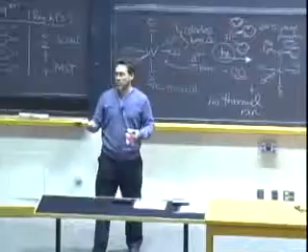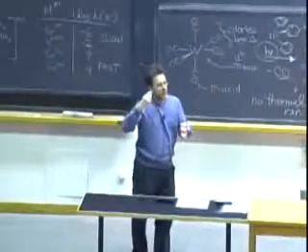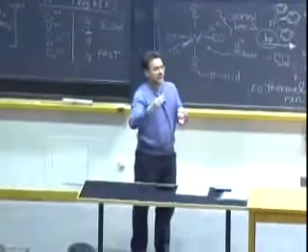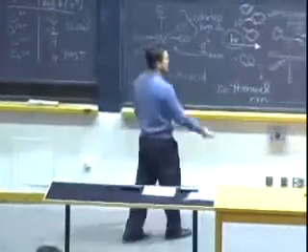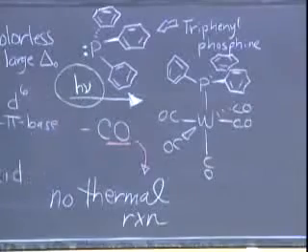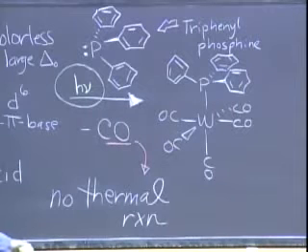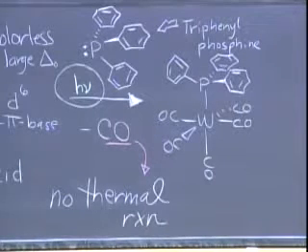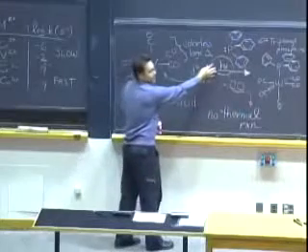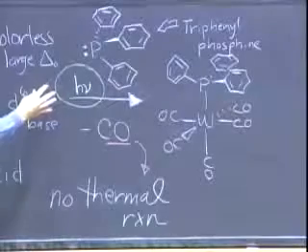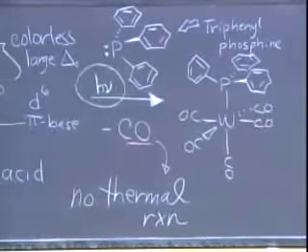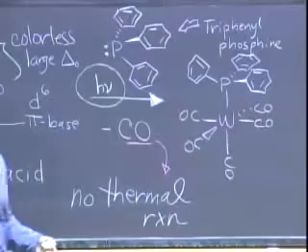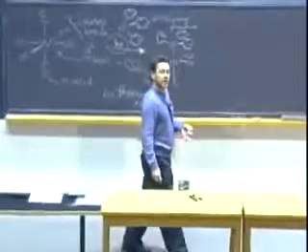In practice, we might be bubbling an inert gas like N2 through the solution to sweep the evolved carbon monoxide out of the system to help the reaction go to completion as we're carrying out such a prep. But in any event, the key feature is that it goes under photolysis in the presence of a UV lamp, but not simply through input of normal thermal energy.